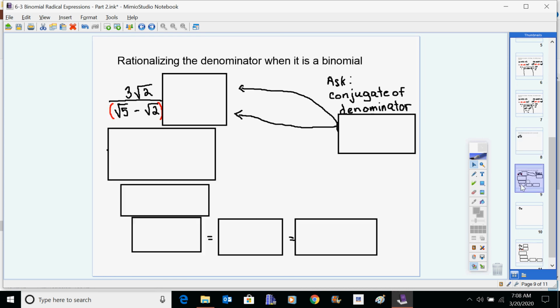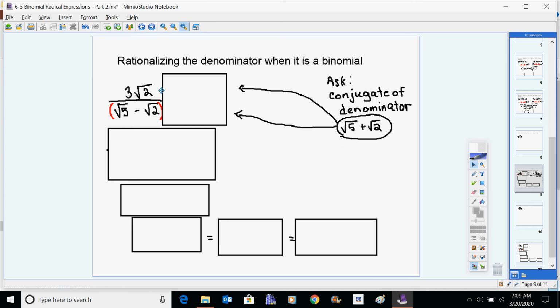So the thing we're going to need to do is ask ourselves what the conjugate of the denominator would be. So the first thing you do is identify the denominator, and you are mentally or even physically writing down what the conjugate is.